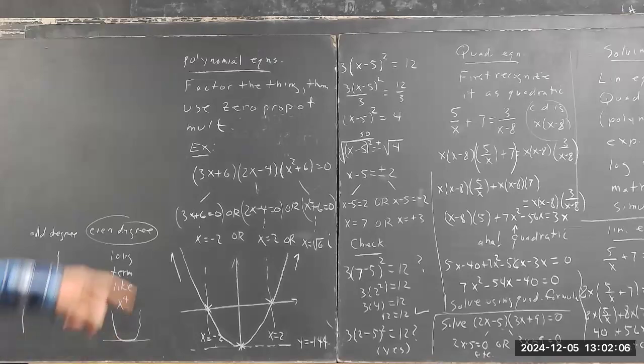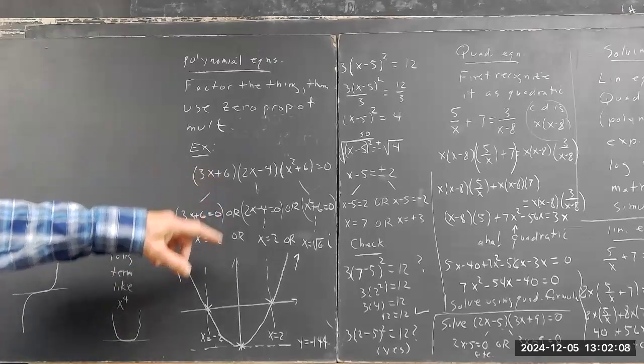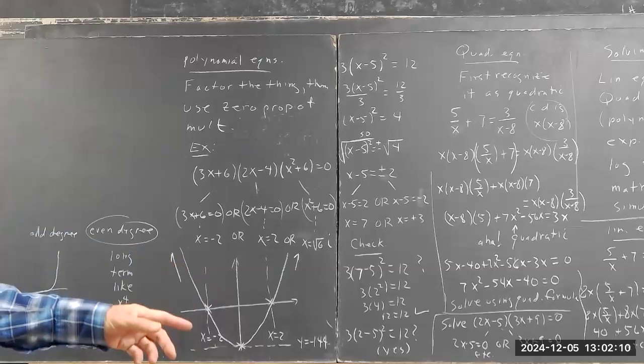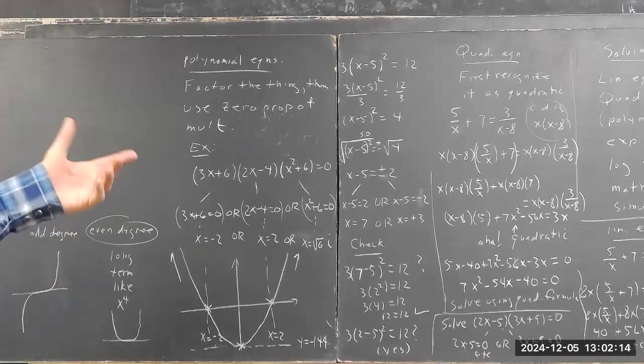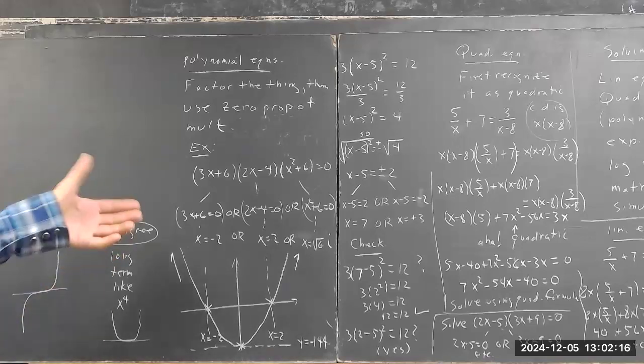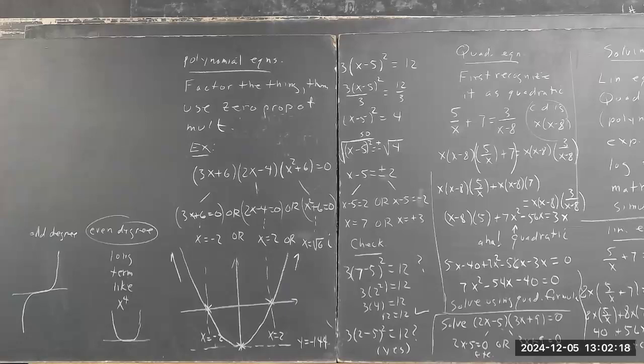If I had put a negative sign in front of this, I'd still have had the same zeros, but my y-intercept would have ended up being positive. So you can flip this shape upside down, or reflect it vertically. It amounts to the same thing. Reflected through the origin. Okay.